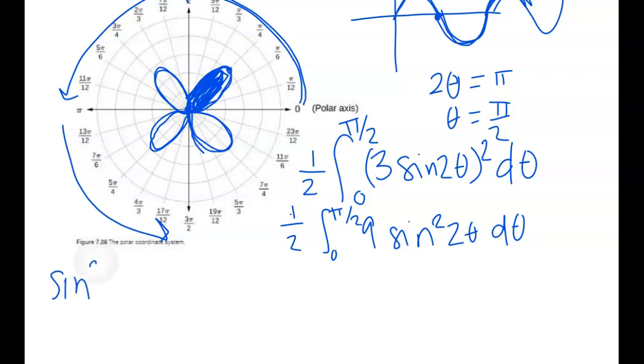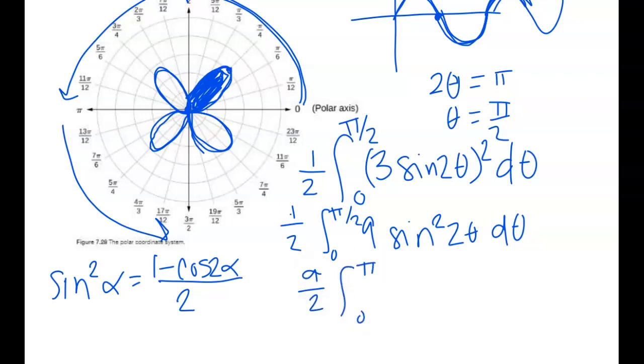So sine squared of alpha is 1 minus cosine of 2 alpha over 2, but I have 2 theta. So I'm going to take this 9 out, 9 halves, this integral, and in place of sine squared of 2 theta, I'm going to have 1 minus the cosine of 4 theta over 2.